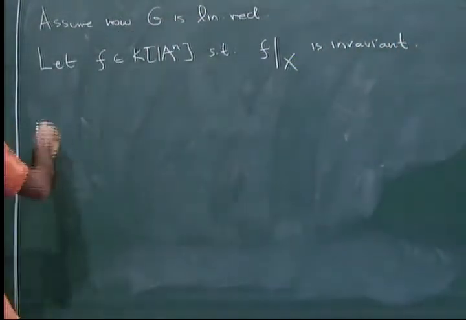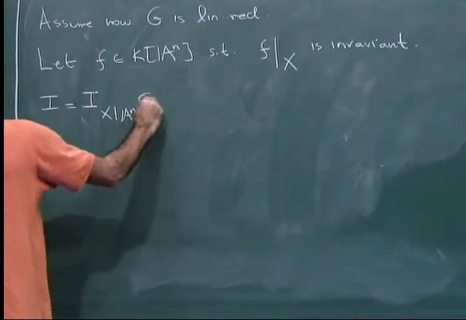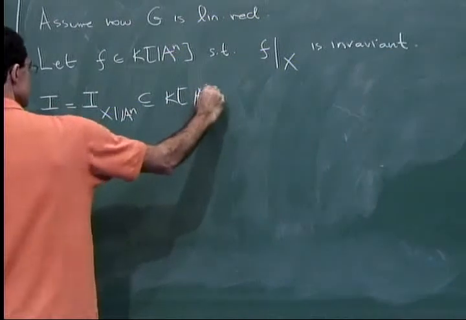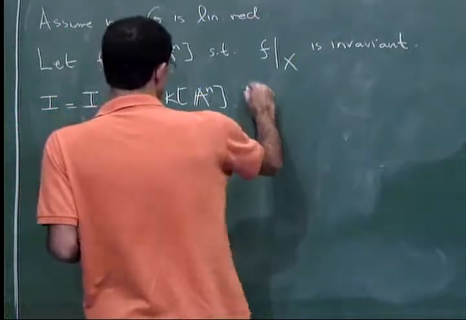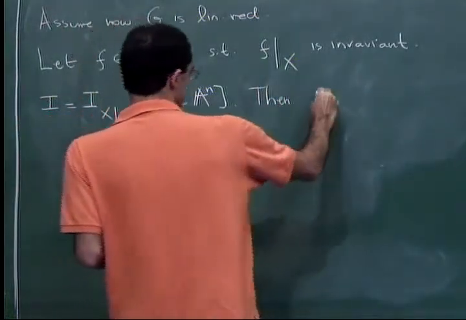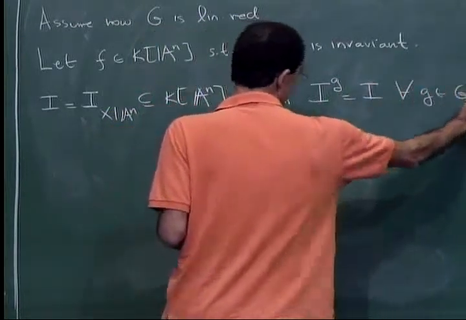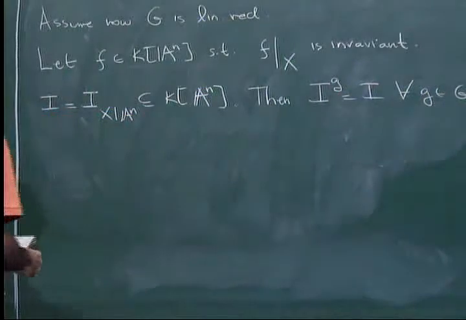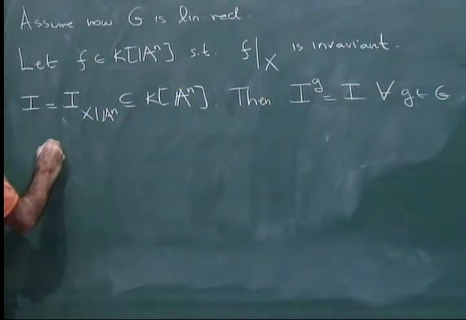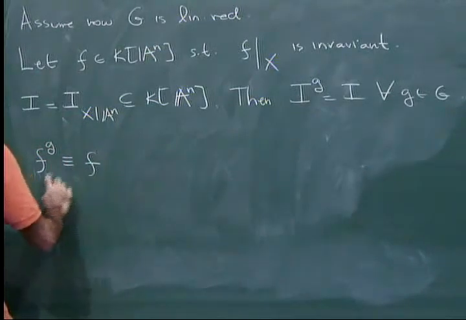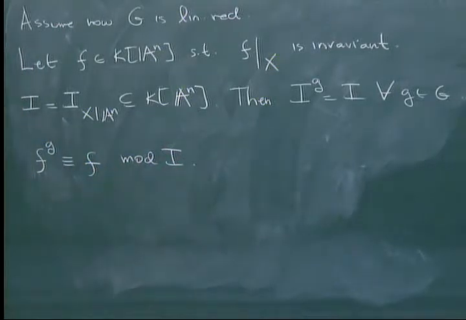Okay. If we look at I, the ideal of X inside this polynomial ring, right, so let me call I this, then this I is invariant. That is, gI is equal to I for every g, because X is invariant. Right? And to say that f restricted to X is invariant is the same thing as saying that when I apply g, I get something that's congruent to f mod I. Okay.